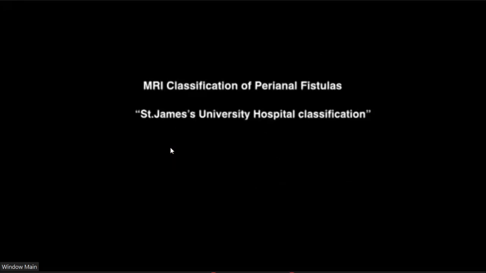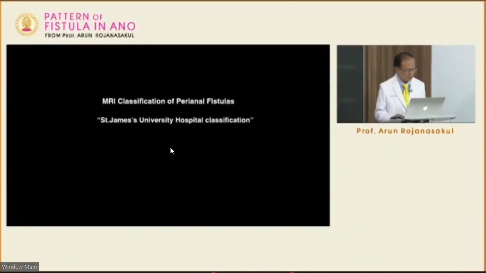If we look at the recent MRI classification of perianal fistula, the St. James University Hospital classification, because our friends the radiologists always love to report it, but we do not understand what they mean.